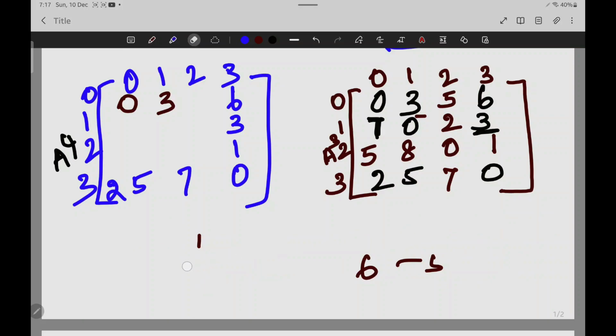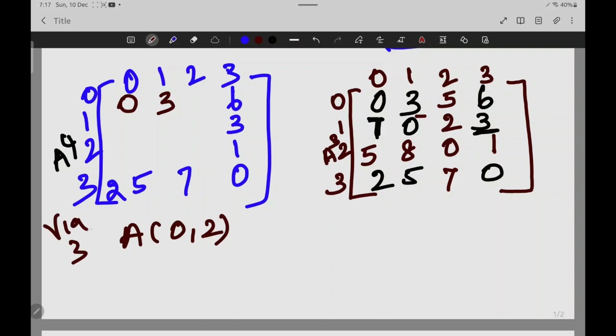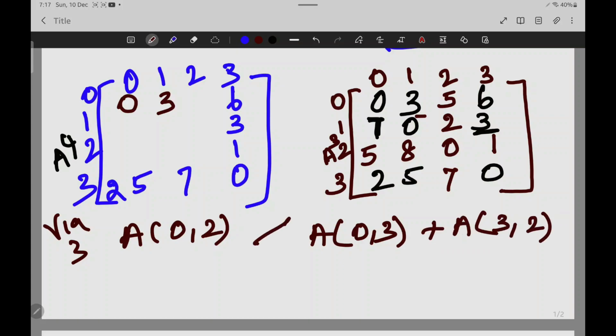So now we need to find the value for the next one. So A of 0, 2 via 3. So A of 0, 3 plus A of 3, 2. 0, 2, 5 is less than that, so definitely it is going to be the maximum plus something, maximum only. So we will keep the previous value.